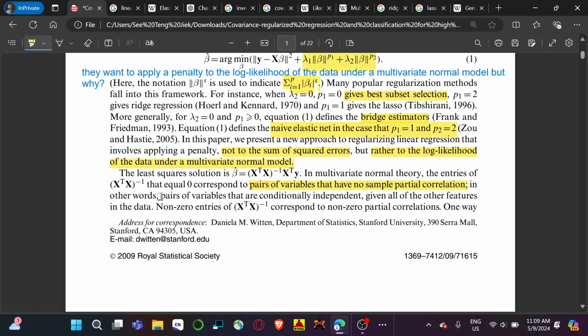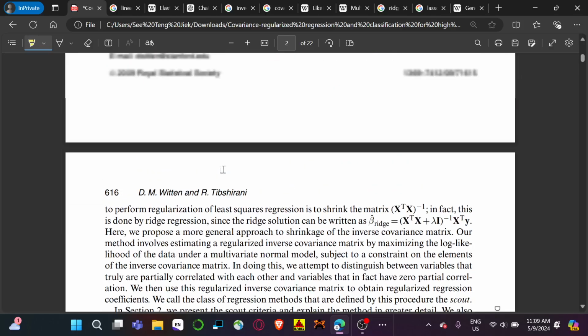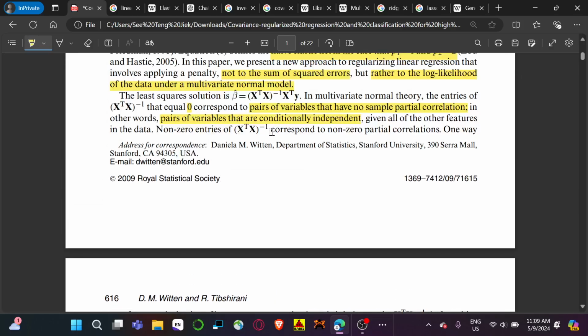In other words, they are conditionally independent, basically not correlated at all. If it's equal to 0, that kind of makes sense. But if it's non-zero, that means it is correlated. It corresponds to non-zero partial correlation.